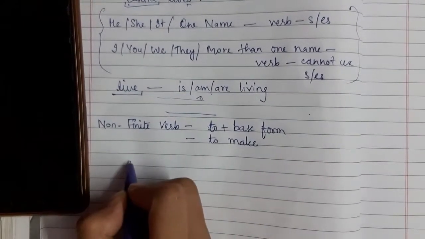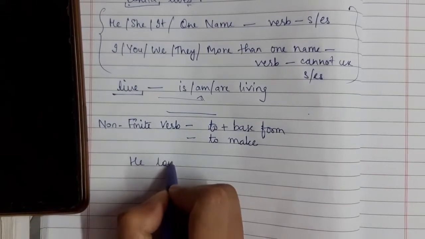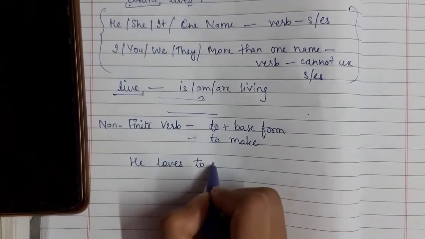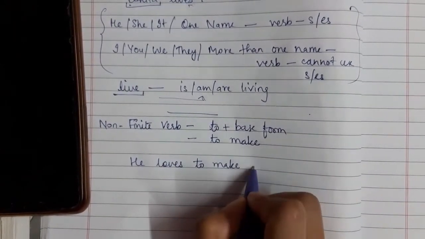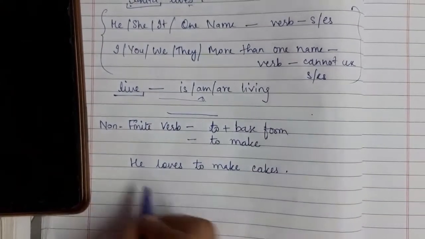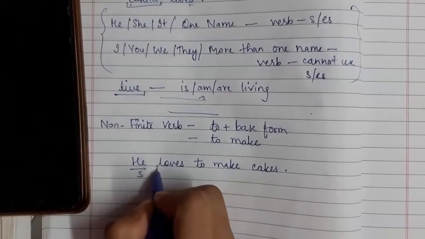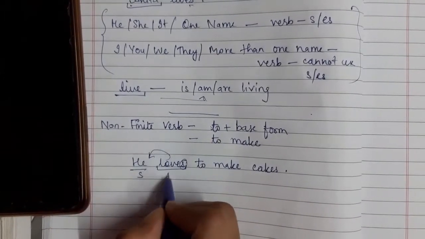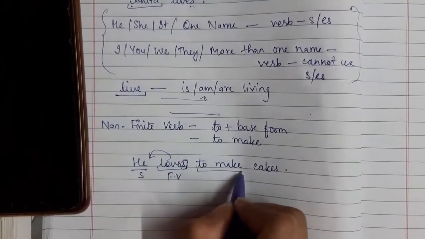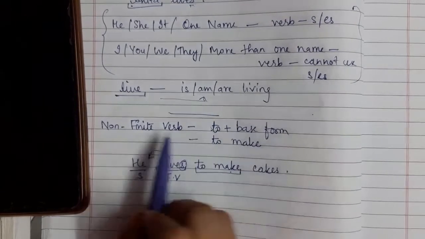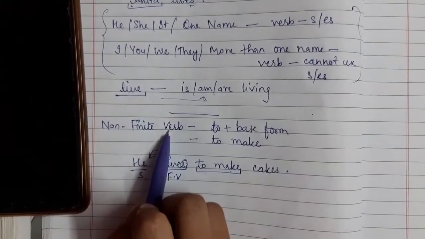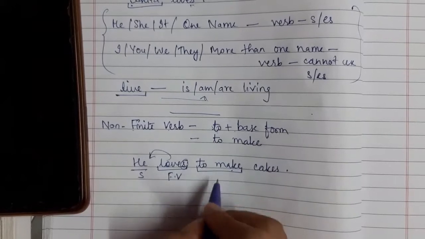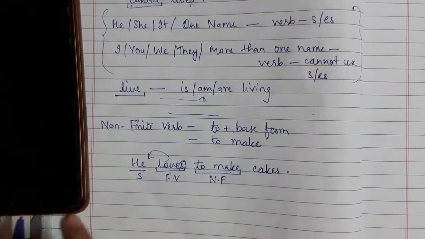For example, he loves to make cakes. He is the subject. Loves changes its form according to the subject, so it is a finite verb. To make: so a non-finite verb can be written as to plus base form. So to make is a non-finite verb.